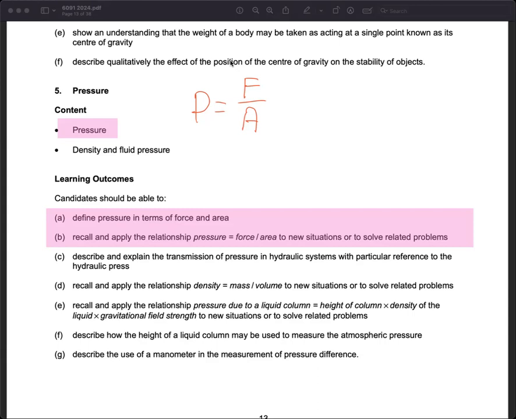You all learned that in Sec 2 mathematics. So can you see? P and F are directly proportional. P and A are inversely proportional. Are you able to appreciate this direct and inverse proportionality?